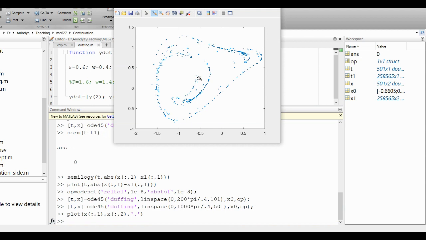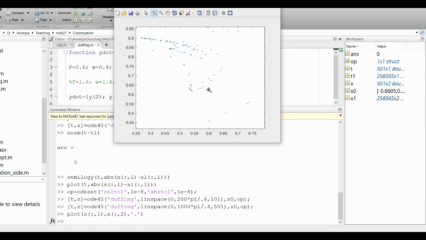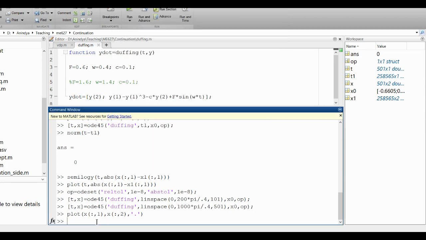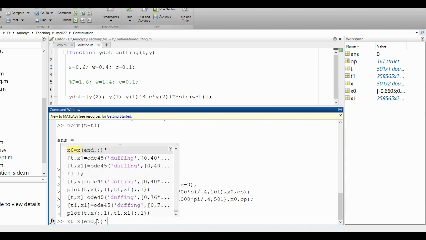You can see that there is a very complex layered structure here, right? So you see there is this loop here, and you see there is a loop here, and if you zoom in, then you will see that there are loops inside that, right? And what we can do now is hold on, and we can say x0 is equal to the end point.